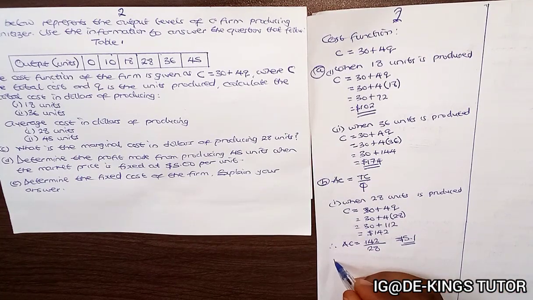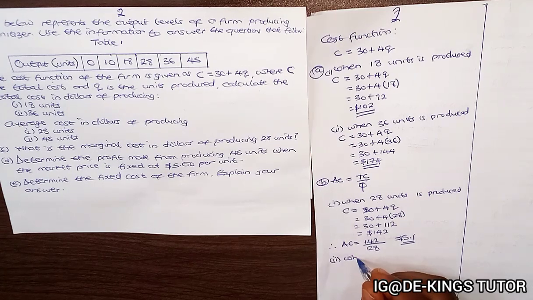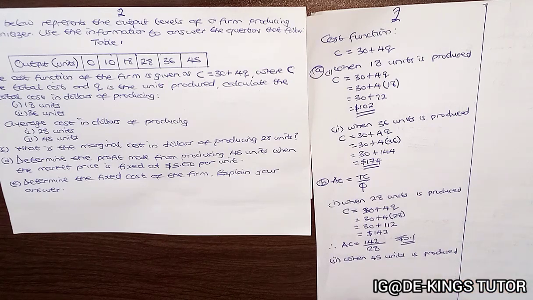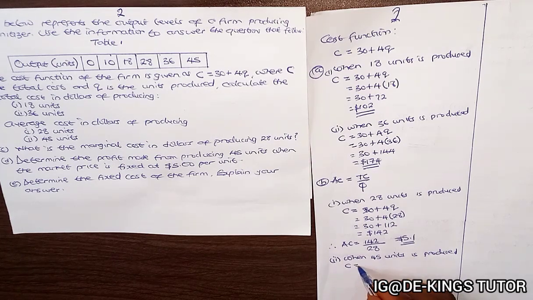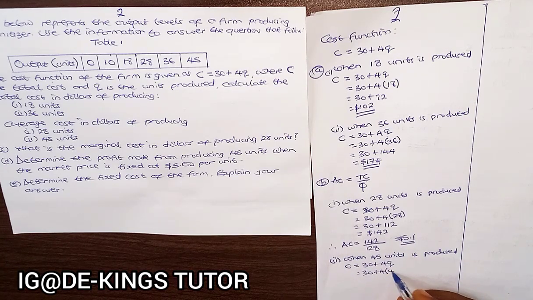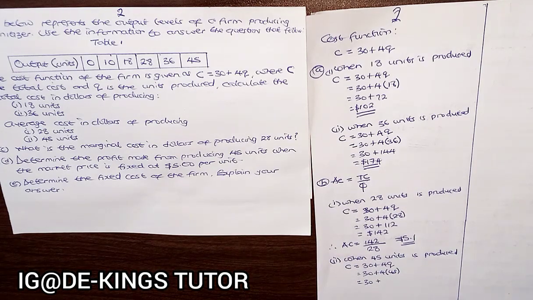So we have II, which will be when 45 units is produced. So when 45 units is produced, we have our total cost as 30 plus 4Q. So I have 30 plus 4 multiplied by 45.